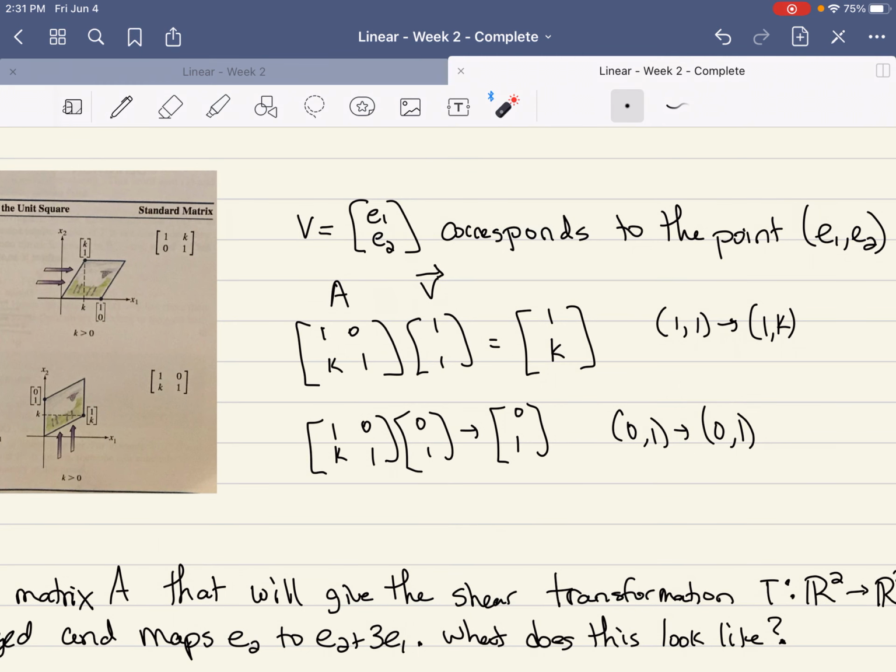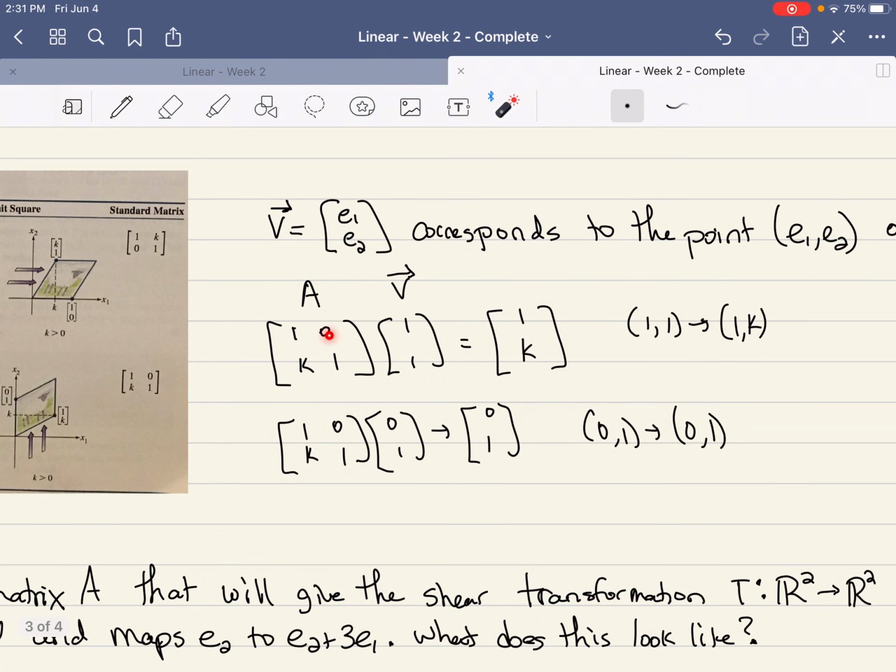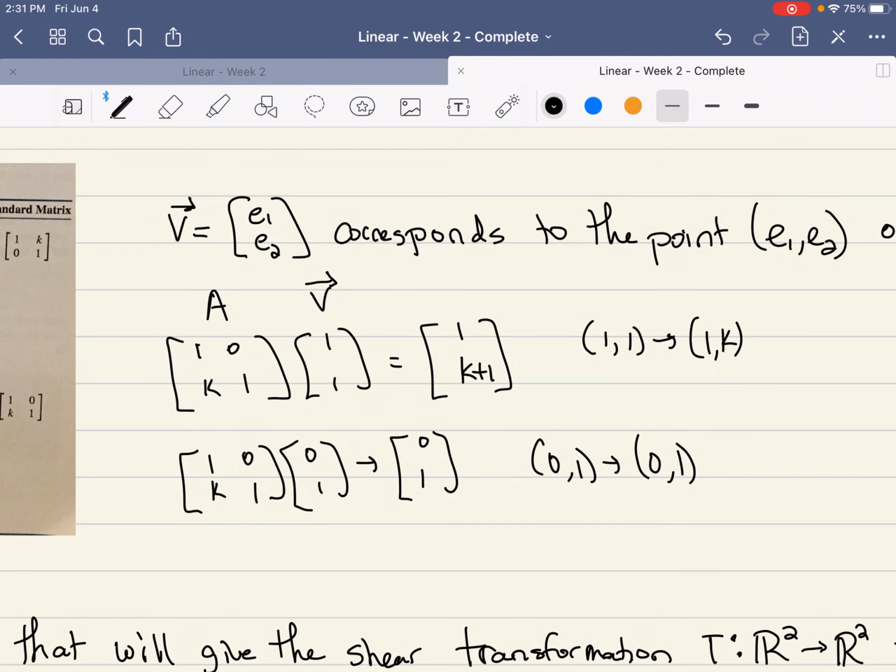If I started with my shear from down here, and I picked the corner point, the 1, 1, which would have been the starting point over here before we moved it, and I multiply this matrix times 1, 1, I get 1 plus 0 is 1. k plus, oh, that's k plus 1. And we get 1, 1 goes to 1, k plus 1.